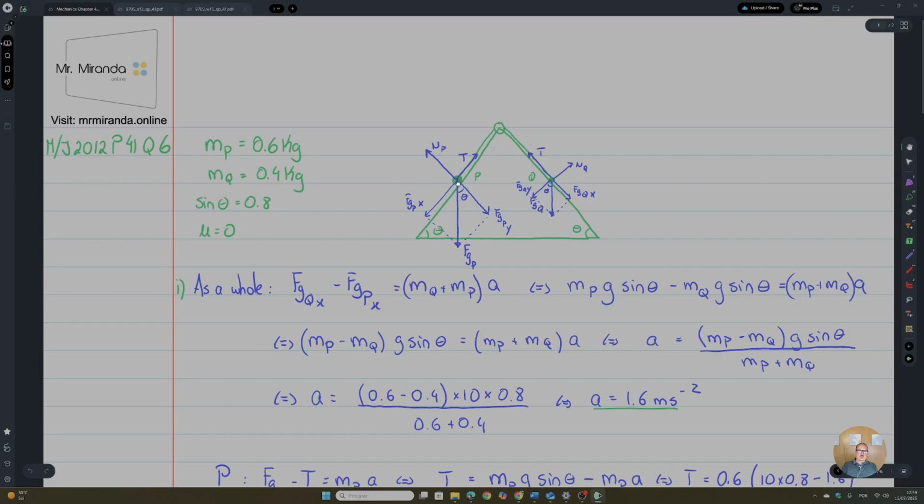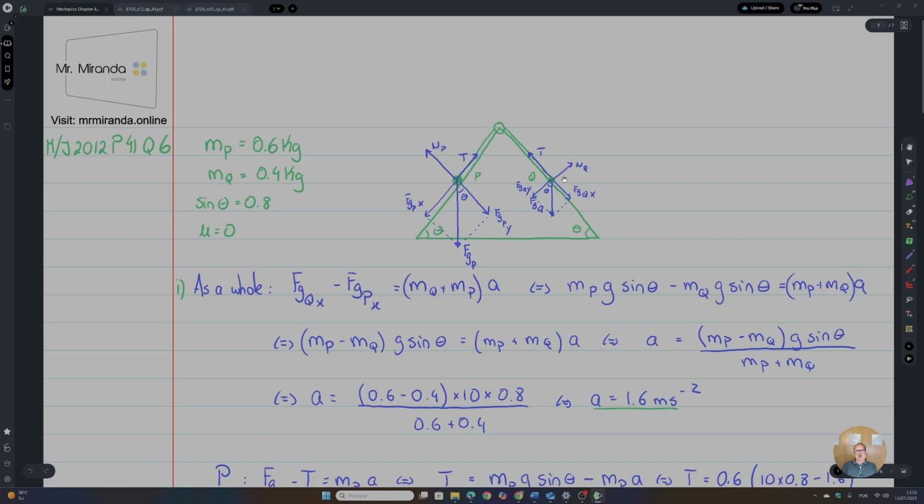So focusing on point P, what is happening? You know that, along the slope, the component of the weight must be bigger than the tension for this to accelerate downwards. On the perpendicular component, these two forces need to be the same because on that axis, the particle is not moving, it's only moving along the slope.